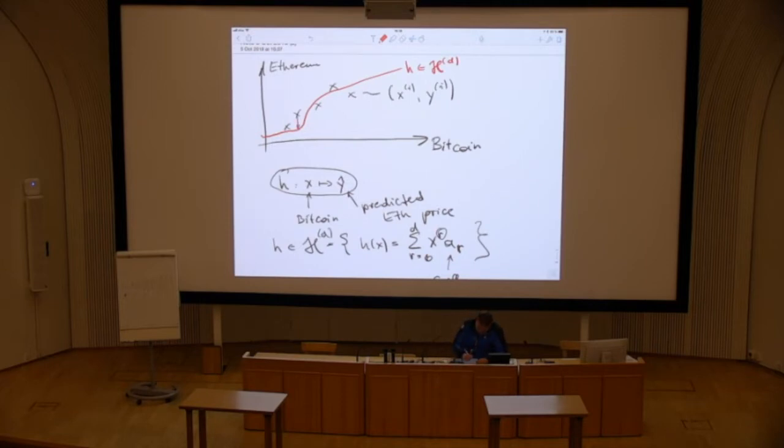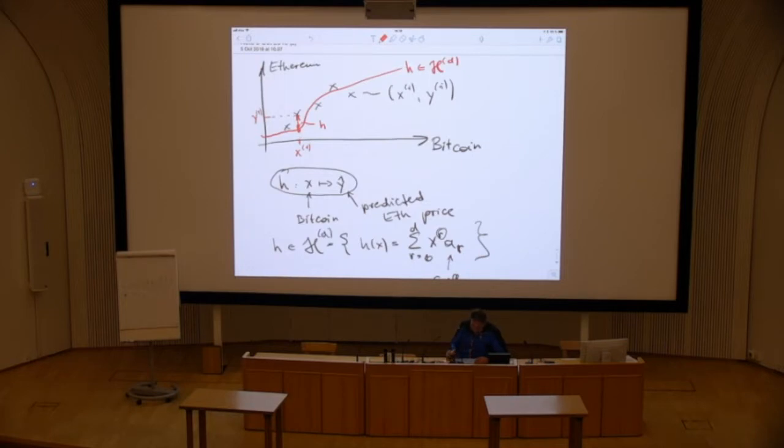So we look at the prediction error, the difference between the predicted Ethereum price and the true one. We have this data point, which is x1 in the data set, and here this has a label y1.